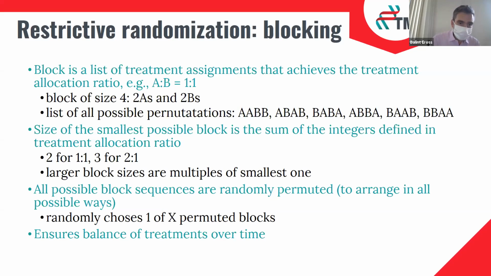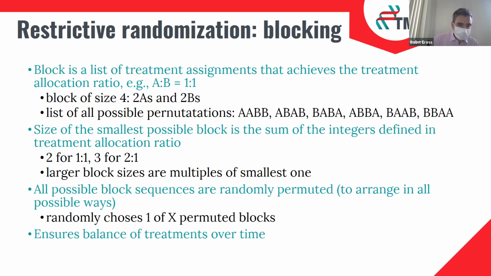And these randomly permuted blocks are generated by some sort of clever equipment, most commonly computers. The size of the smallest possible block is the sum of the integers defined in the treatment allocation ratio. For instance, if you have a 1-to-1 allocation ratio, then the smallest block size you can use is 2.